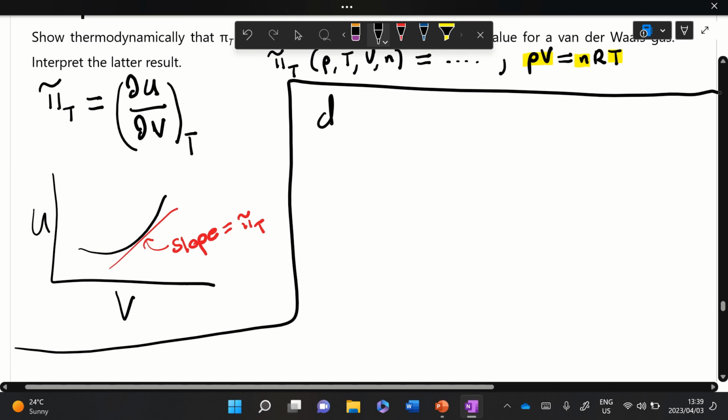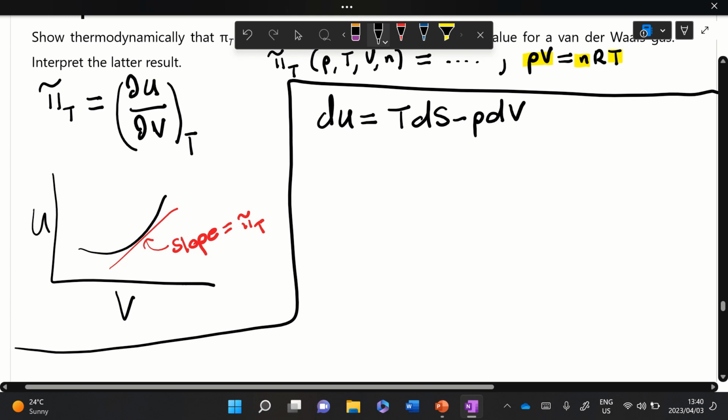Well, we can start with our fundamental equation, which says that dU is equal to TdS minus PdV. Then we need to find some clever way to make the internal pressure pop out of that, and also to get rid of any unmeasurable quantities.